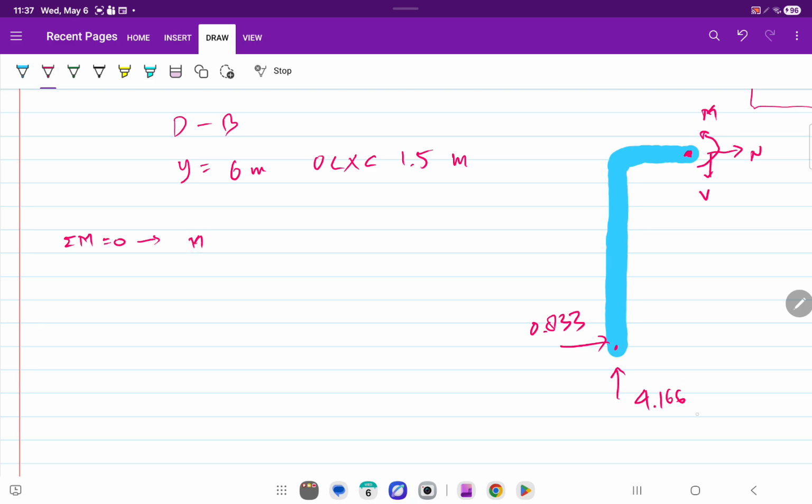And then this 4.166 will create clockwise, so it's 4.166 times this distance from here to sectioning point, which is x. We don't know which location, but x from 0 to 1.5, so x, and then this one creates counterclockwise plus 0.833 times this distance, that is 6 meters, equals 0.